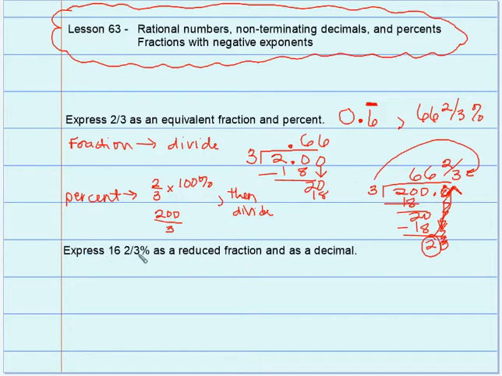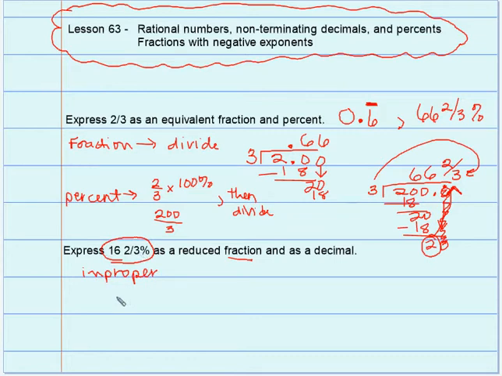To express 16 and 2/3% as a reduced fraction and as a decimal, we need to work this process backwards. To make a reduced fraction, we need to make this into an improper fraction first.